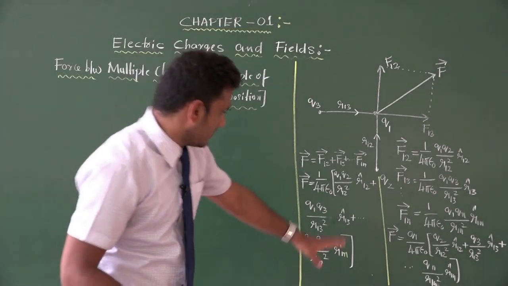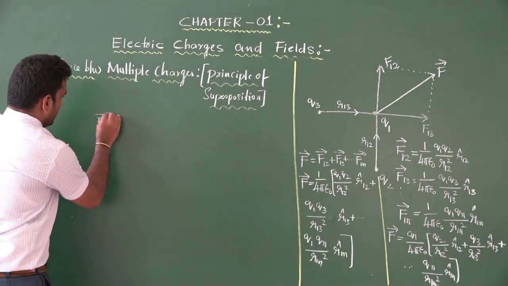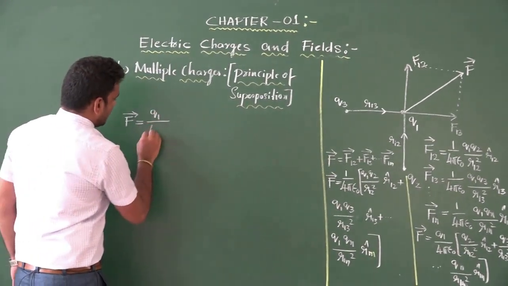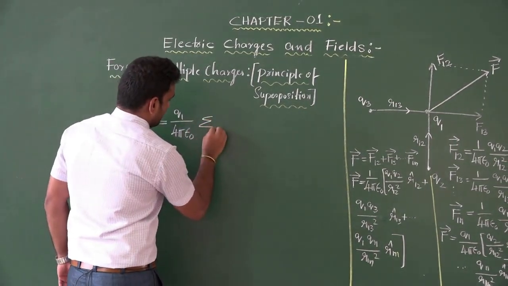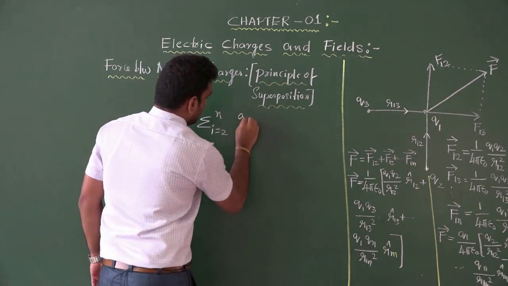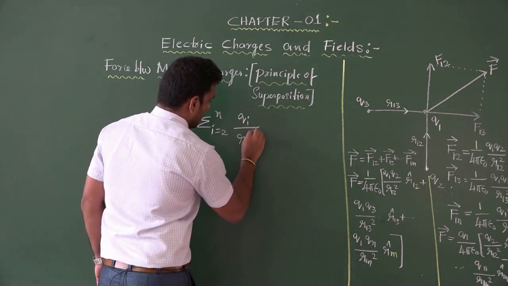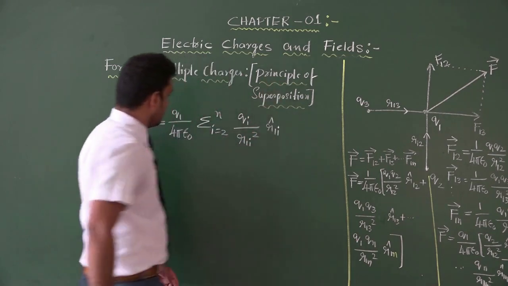Now I am going to simplify the final equation like this. F vector is equal to q1 divided by 4 pi epsilon naught summation of i equal to 2 to n qi divided by r1i whole square r cap 1i.